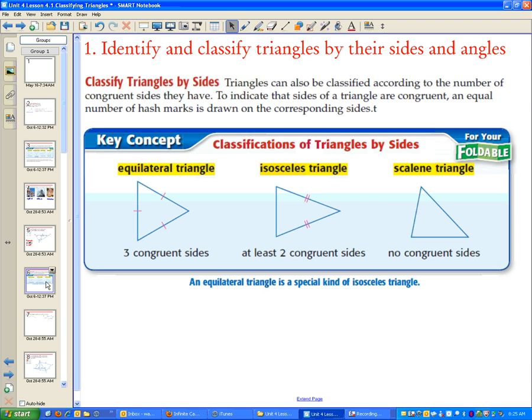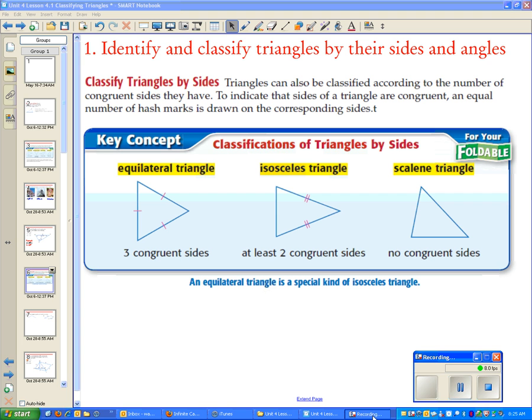Now, to be clear though, when you're classifying triangles, if it's equilateral, call it equilateral. Don't call it isosceles, because equilateral is a better description, isn't it? So give the most specific description that you can.